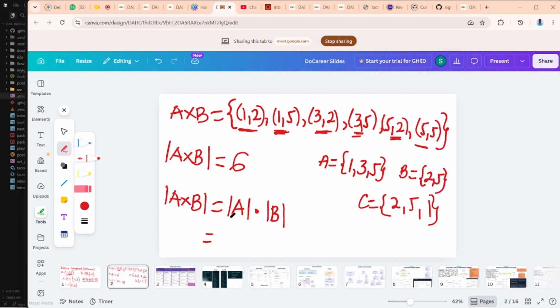So the cardinality of A that we had was 3. So I write 3 times, because that's what we want to find. The cardinality of B is 2. So 2 times 3 is 6. That's the same as what we counted inside.